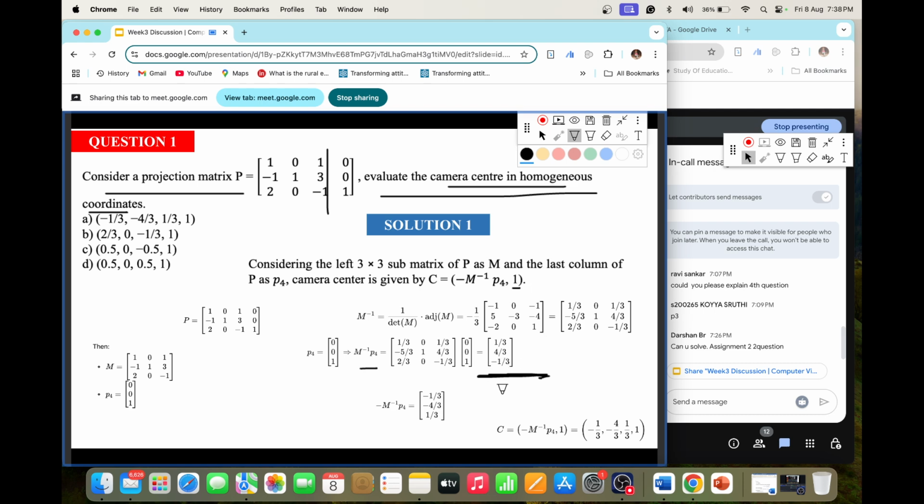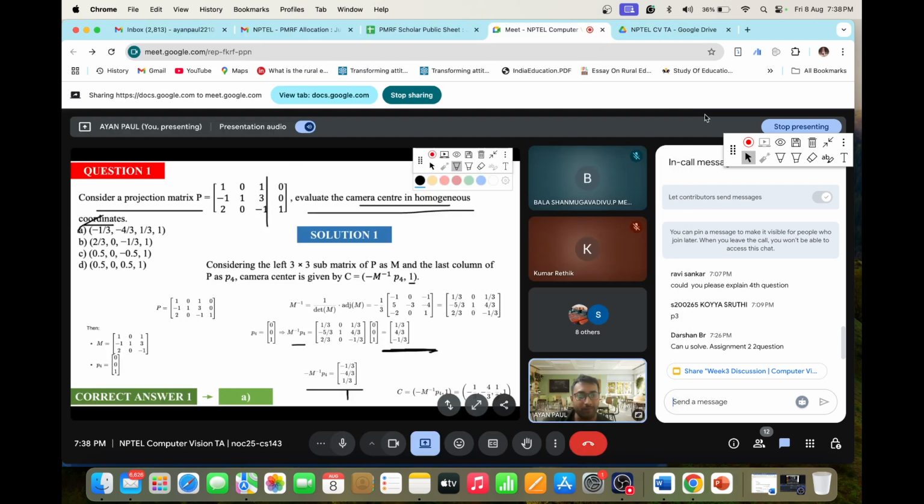So this is our answer in inhomogeneous form. To make it homogeneous, we just add 1 here. So our answer will be minus 1 by 3, minus 4 by 3, 1 by 3, 1. So our answer will be option A. Is it clear to all of you? Clear, right?